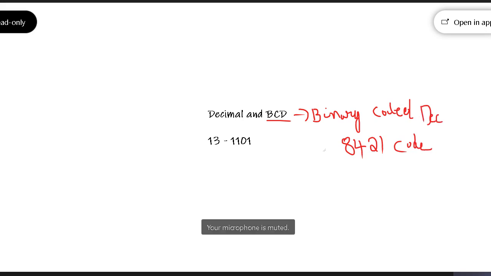Now, there is a term called BCD, which is nothing but binary coded decimal. It is also called 8421 code. Basically, you represent each digit in 4 bits.